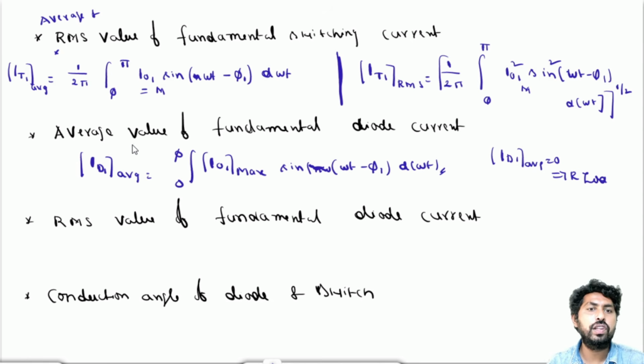For the remaining loads, we know how to find the phi 1 value.